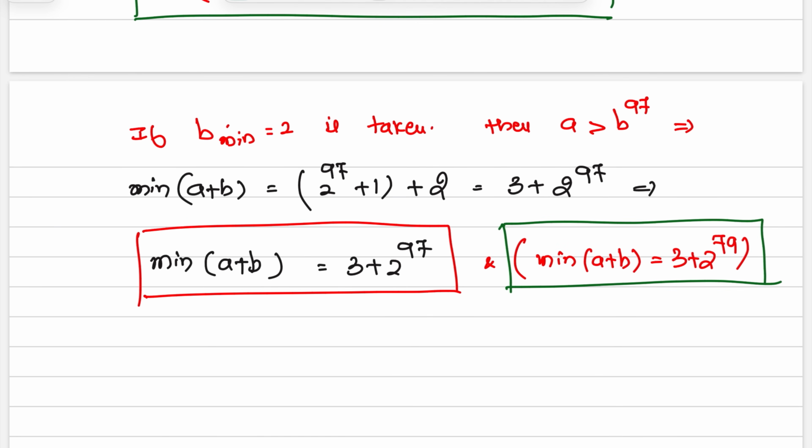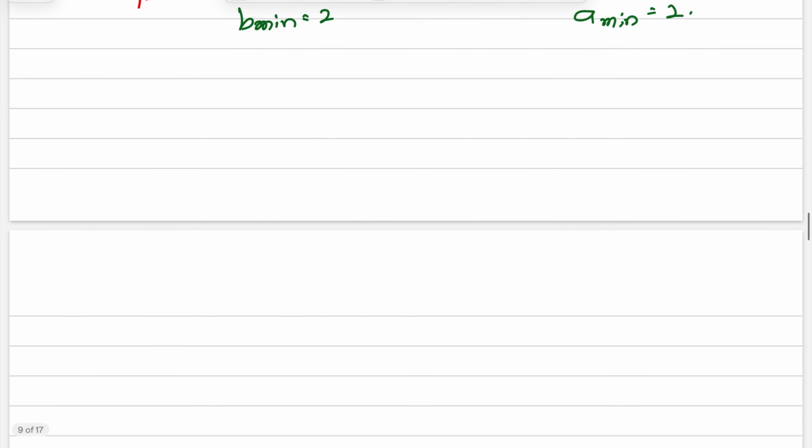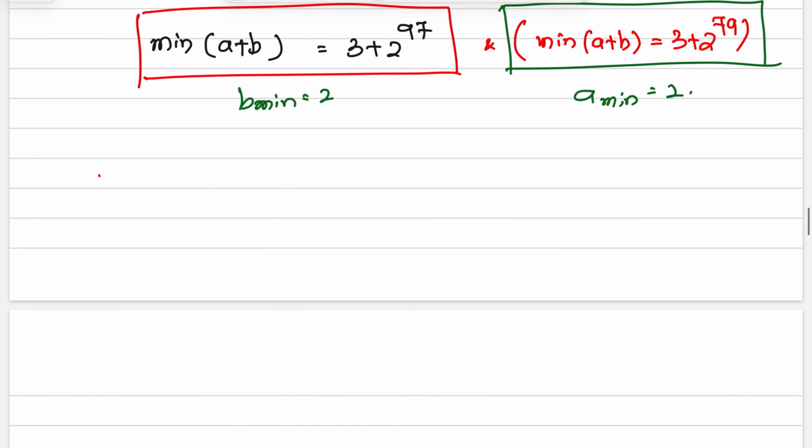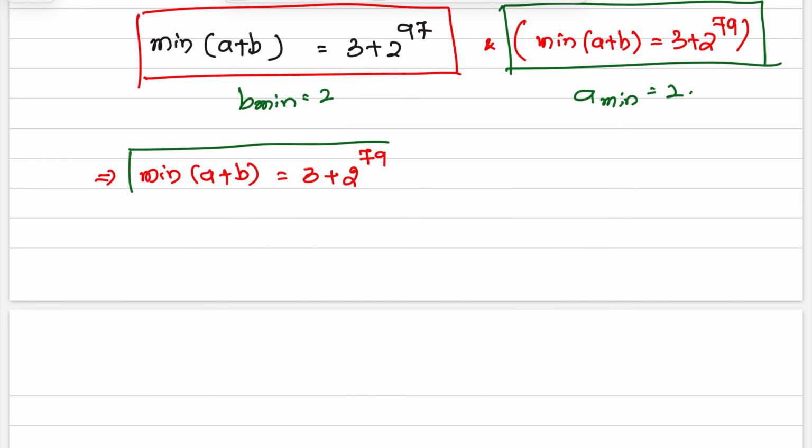This is when b minimum is equal to 2 taken, when a minimum is equal to 2 taken. That implies we will get the answer of minimum a plus b is equal to 3 plus 2 to the power of 79. This is the answer from all our discussions.